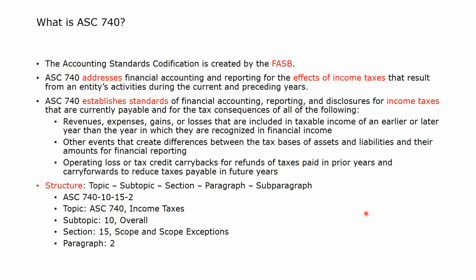Our section is 15, which is titled scope and scope exceptions. And we have paragraph 2. In this particular cite, I didn't put a subparagraph in, but this is the general structure for ASC 740. So when you see cites throughout the semester or in other places, you'll know where to look in the codification.